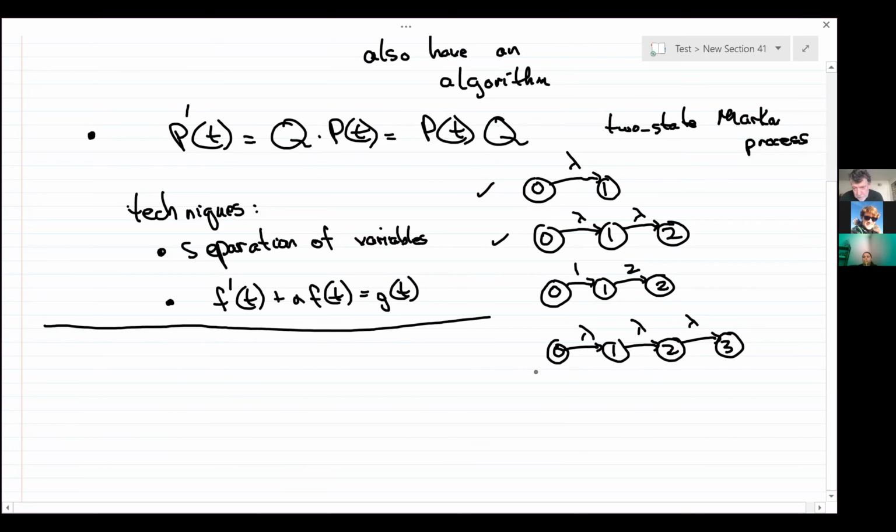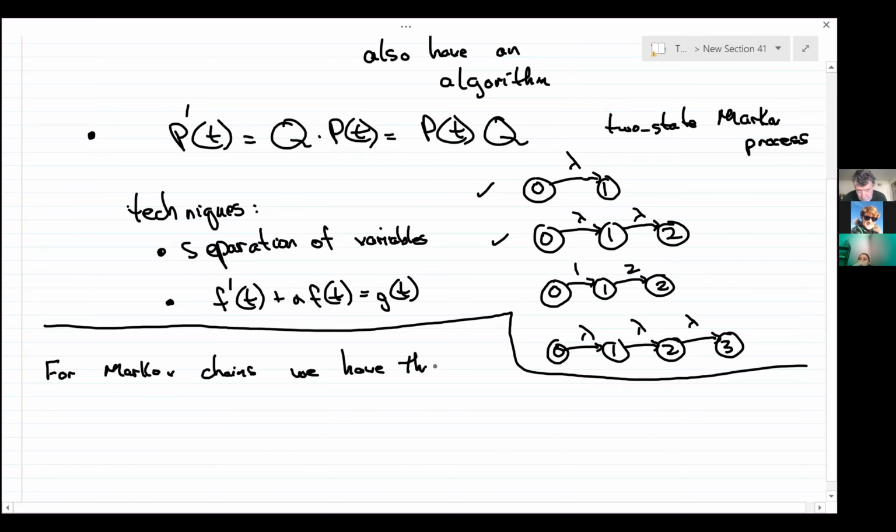We had this result for Markov chains, theorem 5 in chapter 2, page 64.